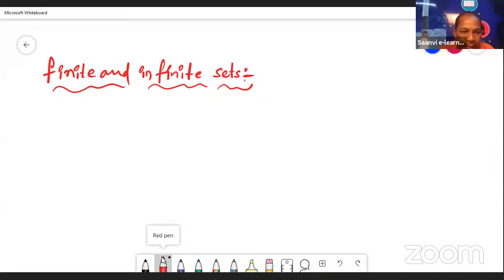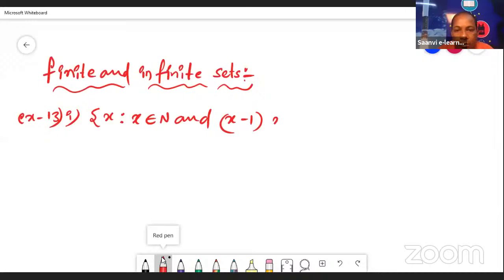So here in this example 13, the first one is given, {x such that x belongs to N and (x minus 1)(x minus 2) is equal to 0}. So we have to say whether it is a finite set or an infinite set.